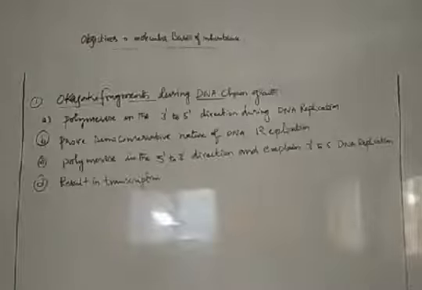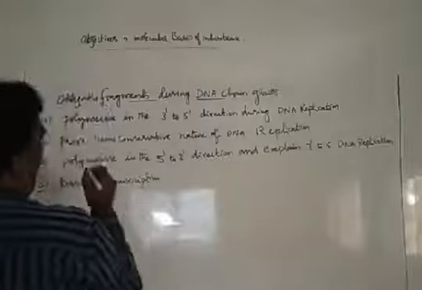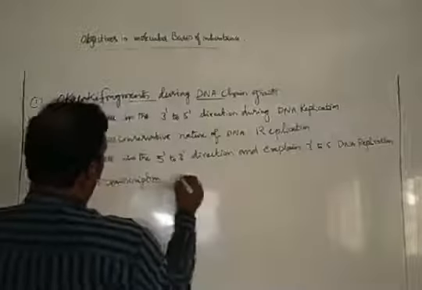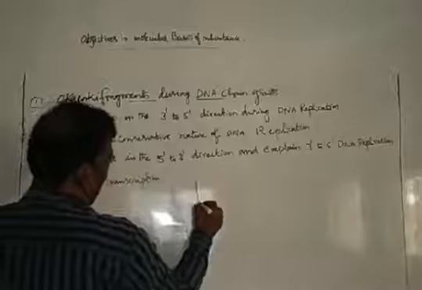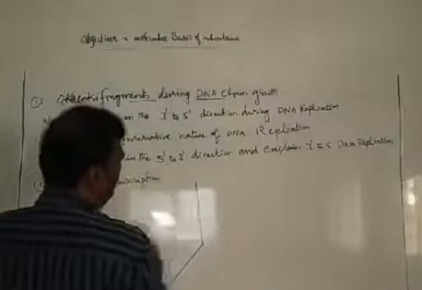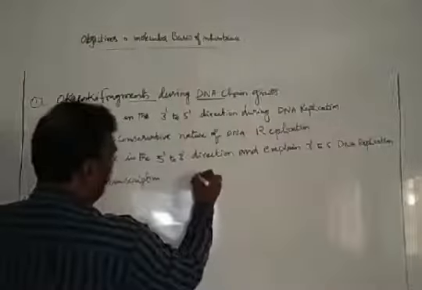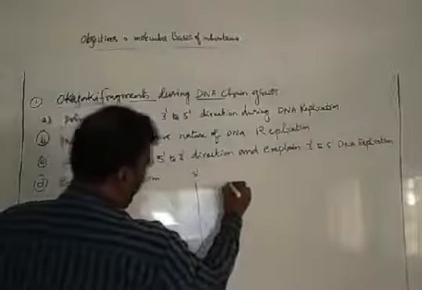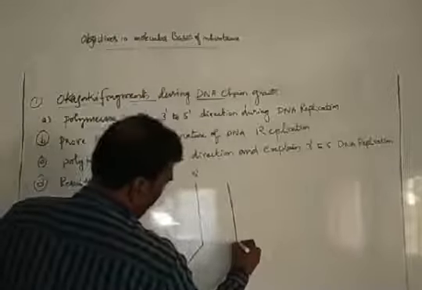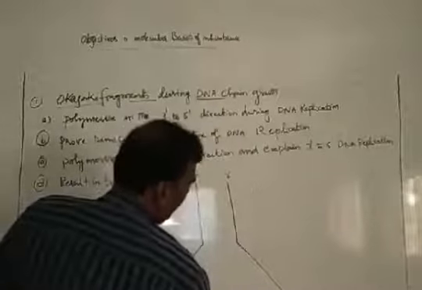Here, first of all, we need to draw a DNA replication diagram. This is 3' and 5'.